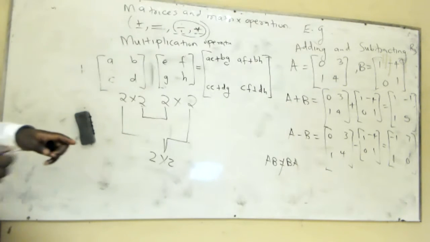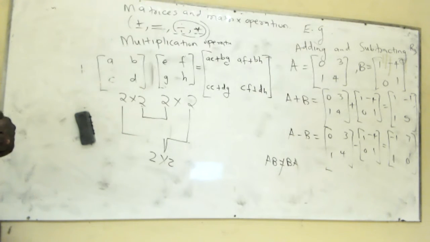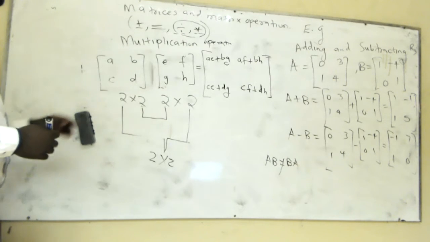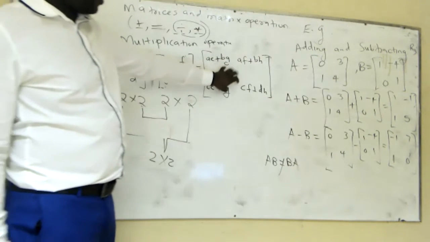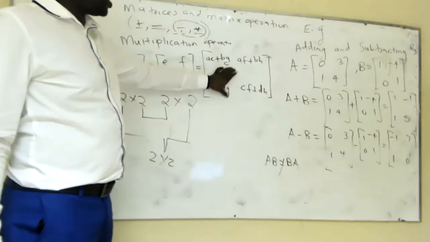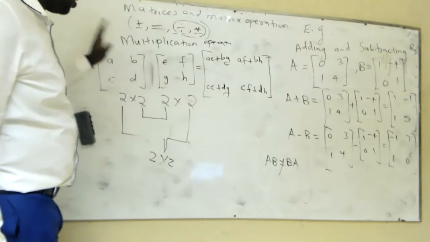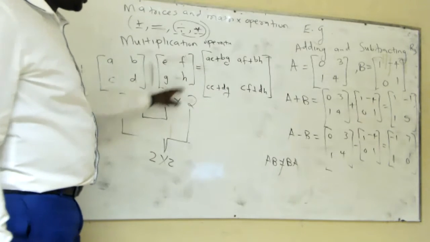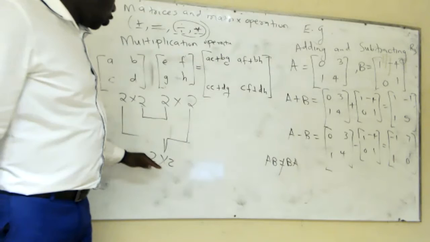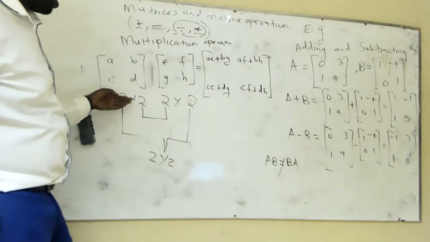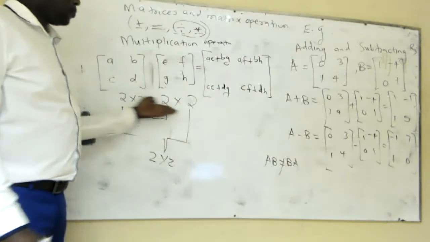So this is how you multiply the two matrices. You need to follow this approach that we have taken. And you can see that the size for this is 2 by 2, which we were guided by what we have here.